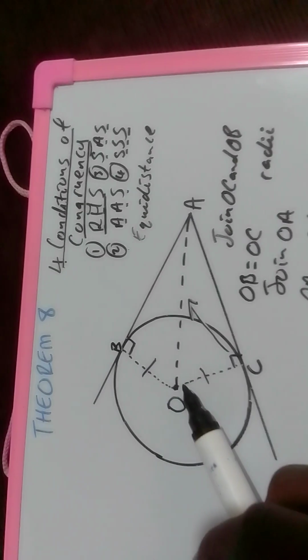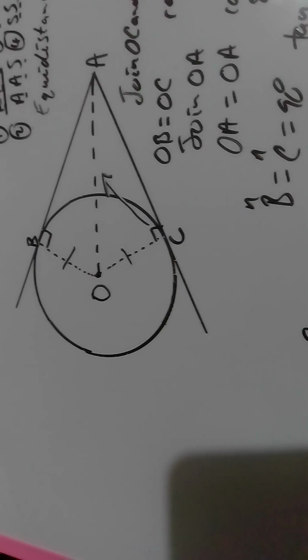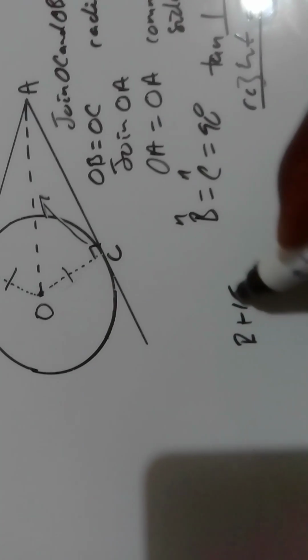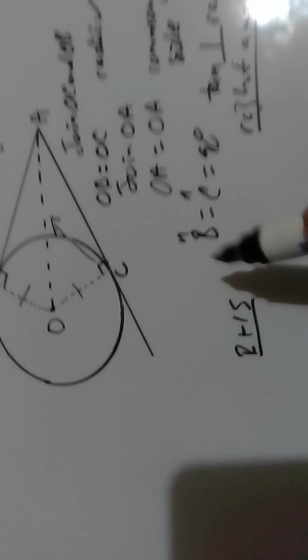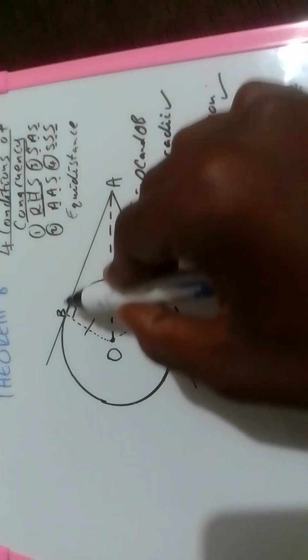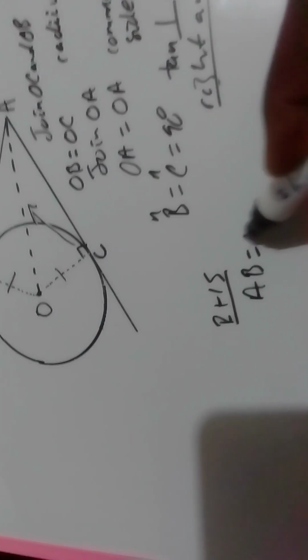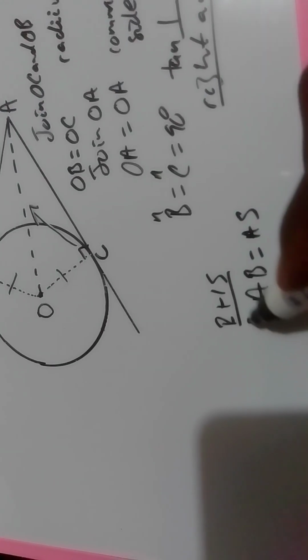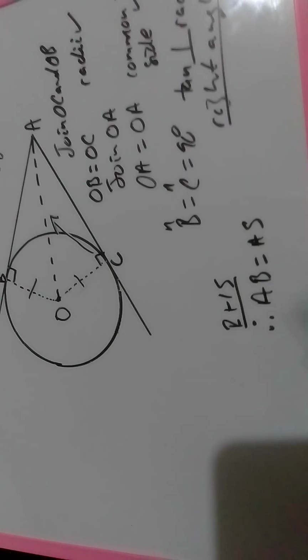And I spoke about OC being a radius, which was any other side. So now I tell the examiner that I've got RHS, right angle, hypotenuse, and any other side. And because of that, I can conclude that line AC is equal to line AB. So I say AB is equal to AC. Therefore, just like that, I have proven Theorem number 8.